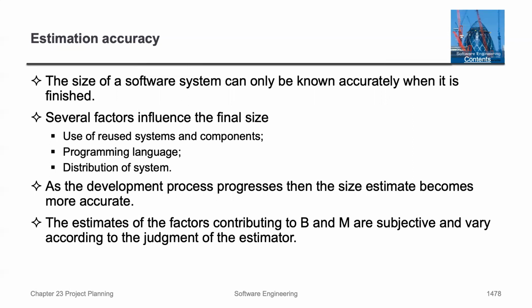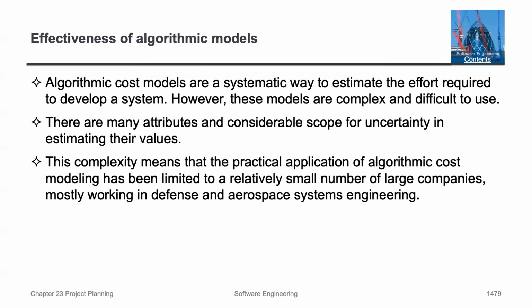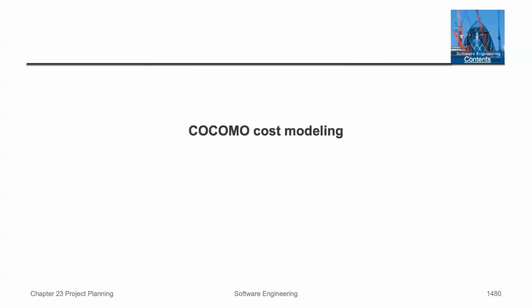As the development process progresses, the size estimate becomes more accurate. The estimates of the factors that contribute to B and M are subjective and vary according to the judgment of the estimator. For the effectiveness of the algorithmic models, they are a systematic way to estimate the effort required. However, these models are complex and difficult to use. There are many attributes and considerations, and considerable scope for uncertainty in estimating their values. This complexity means that the practical application of algorithmic cost modeling has been limited to a relatively small number of large companies.